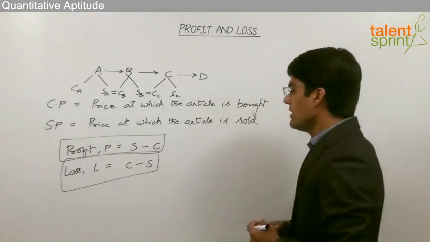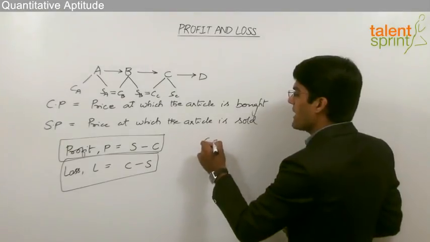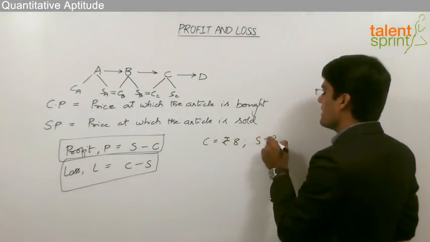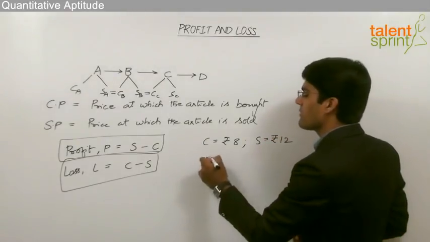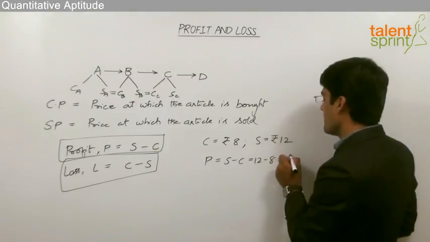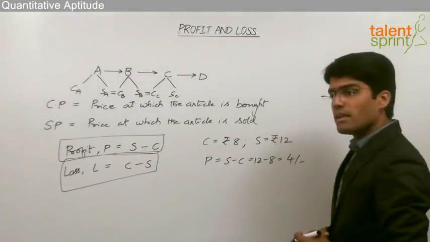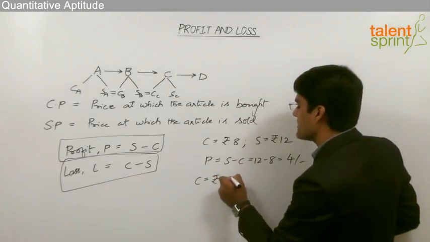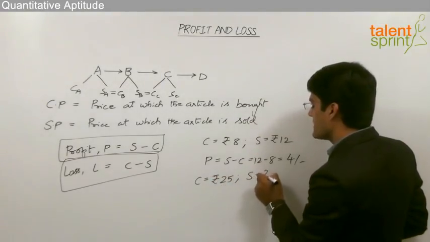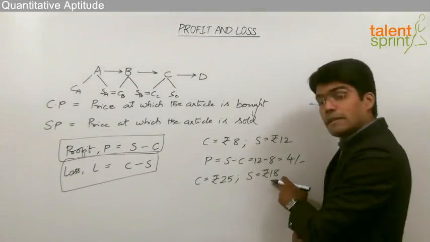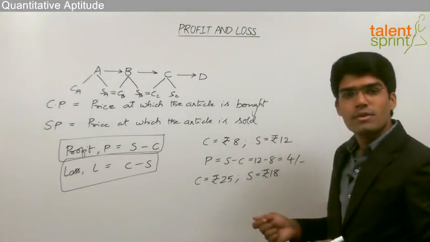For example, let's say that the cost price of a pen is 8 rupees and the selling price of the same pen is 12 rupees. We can say that the profit made, that is S minus C, will be equal to 12 minus 8, that is 4 rupees. Similarly, if the cost price of an article is 25 rupees and the selling price is 18 rupees, then since the selling price is less than the cost price, it is going to be a loss.